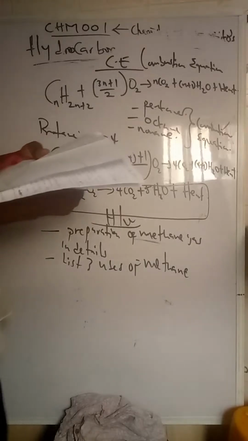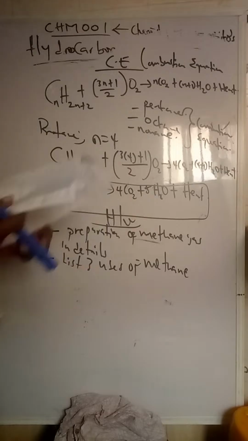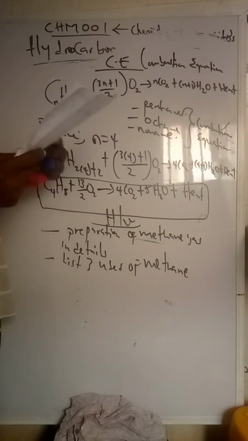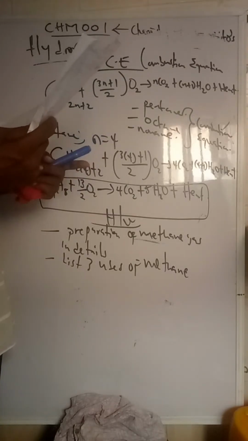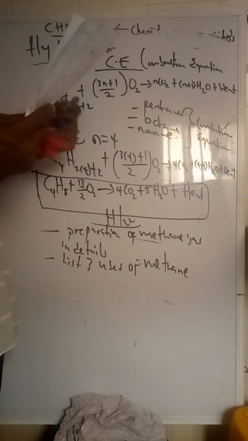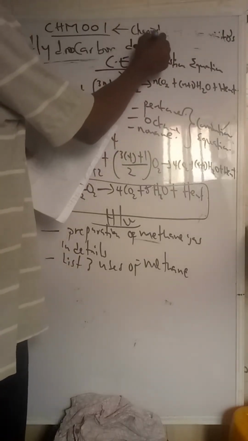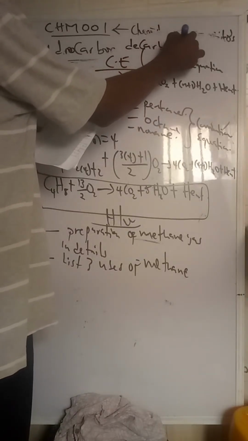Okay, but before I round up this class, I'd like to talk about preparation of alkane. You can use that preparation of alkane to solve this problem. Now, alkanes are prepared by heating a mixture of sodium salt of alkanoic acid and soda lime. This reaction is called decarboxylation.